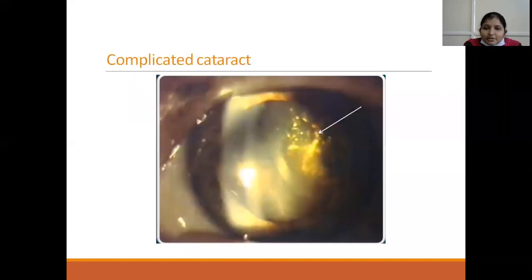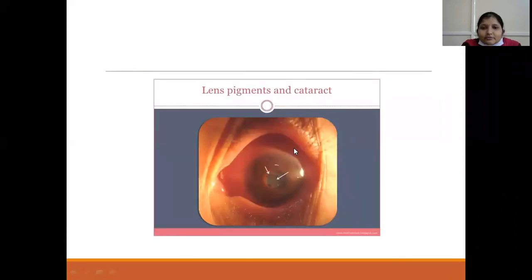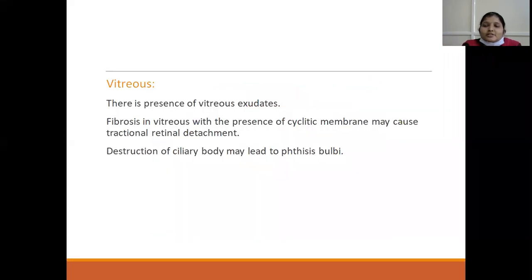So this is a picture showing complicated cataract. You can see polychromatic luster and breadcrumb appearance. Here in this photo, you can see pigmentation over the lens. When there is pigment dispersion over the lens, it indicates that there was some old attack of uveitis. Next structure is vitreous.